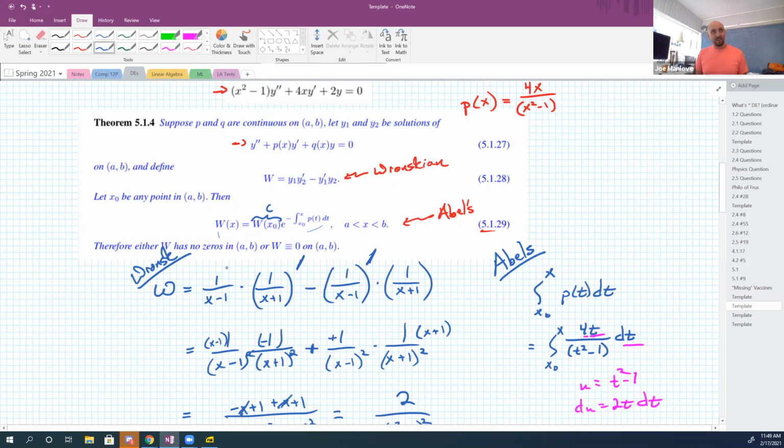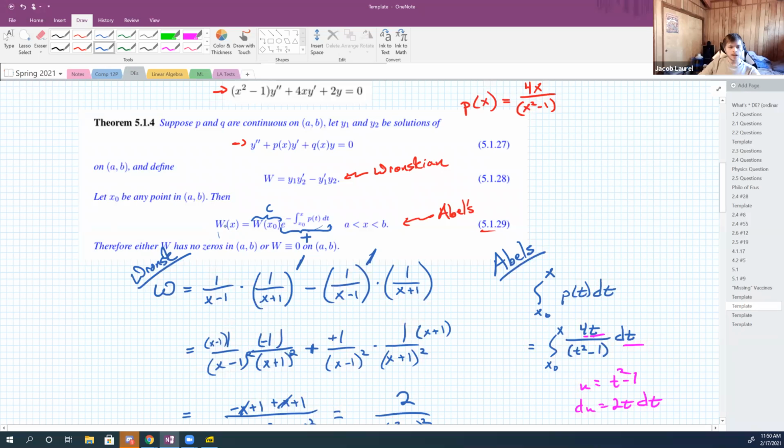Okay, see that? This quantity here is strictly positive, not zero, strictly positive. So what this means is that if the Wronskian has some zero, then it's always zero. If it doesn't have a zero, then it's never zero. It's real weird.